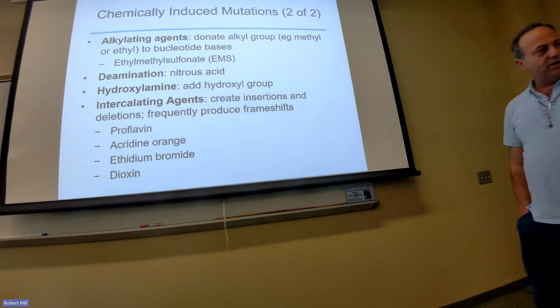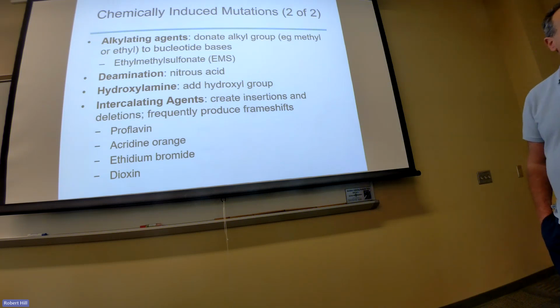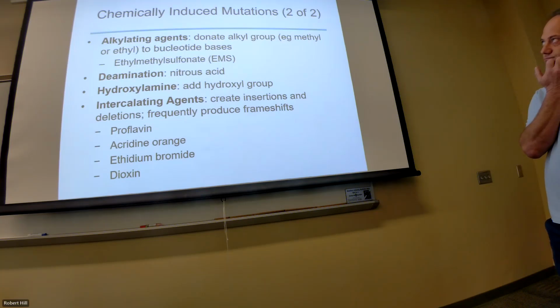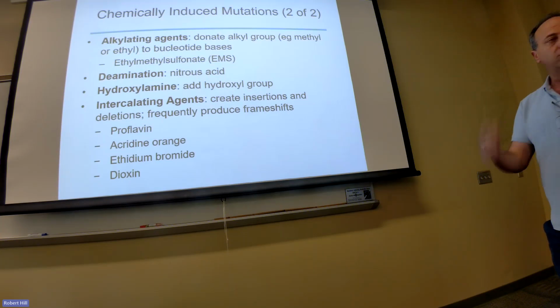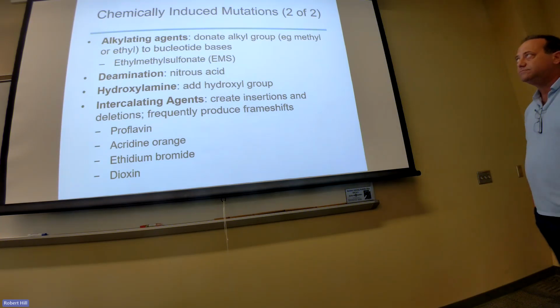Okay, alkylating agents. These are agents that actually add chemical groups, which are alkyl groups, to the nucleotide bases. The one mentioned is EMS, ethyl methane sulfonate. It's a strong alkylating agent, and it will add an alkyl group onto a nucleotide.